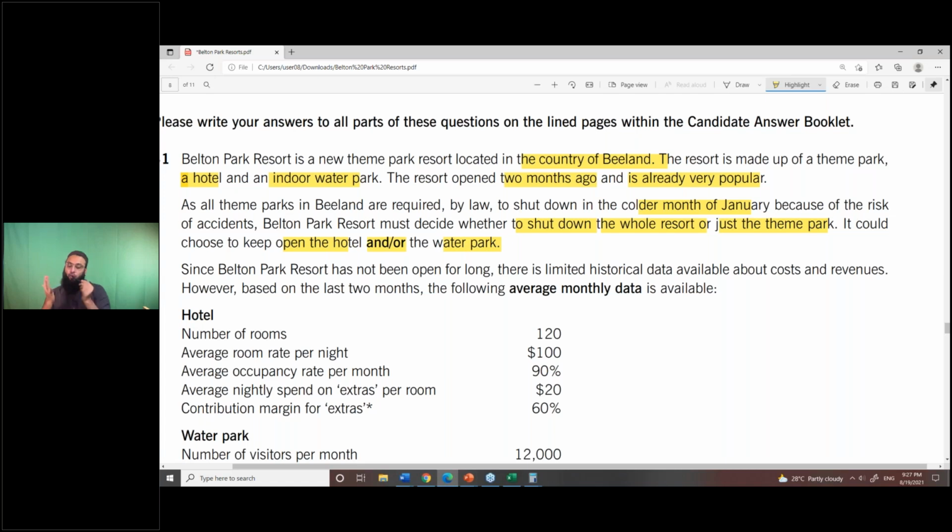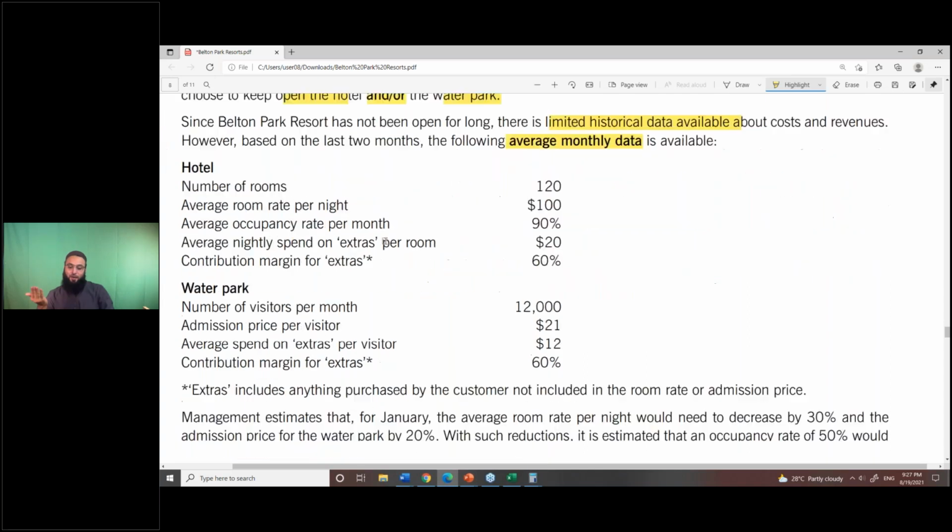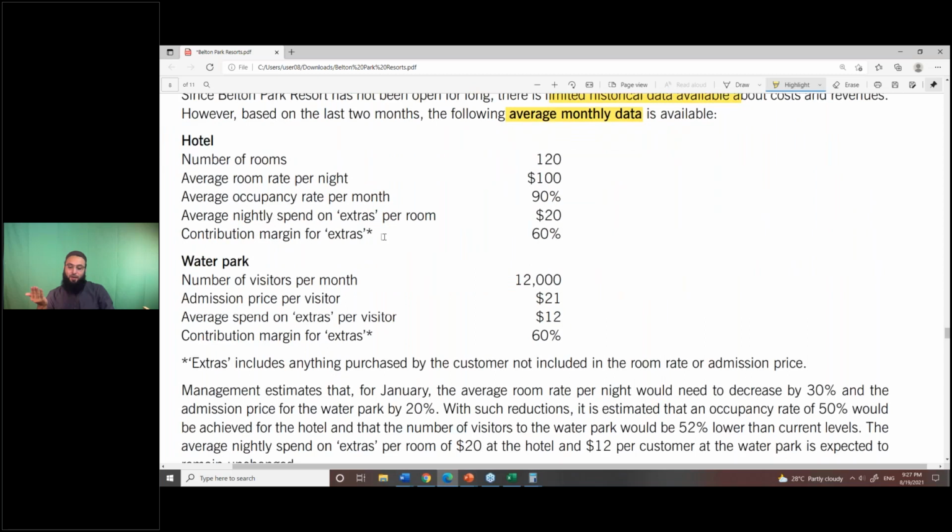Since Belton Park Resort has not been open for long, there is limited historical data available about cost and revenues. However, based on its last 2 months, the following average monthly data is available. So what you have is monthly data, and you also have to take a decision for the month. That's perfect.